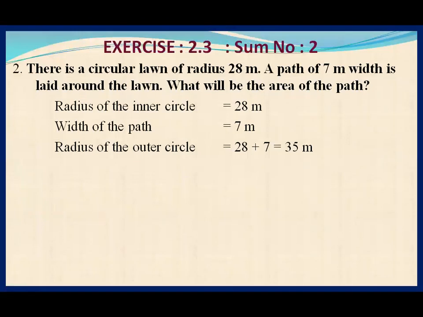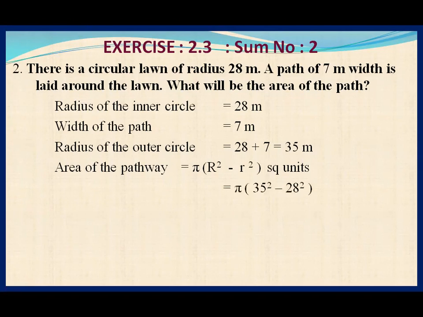For the radius of the outer circle, you add. When you add 7 to the inner circle radius, you get 35 meters as the radius of the outer circle. So let's find the area of the pathway, pi into (R squared minus r squared). So pi into (35 squared minus 28 squared) gives you 1,386 square meters.